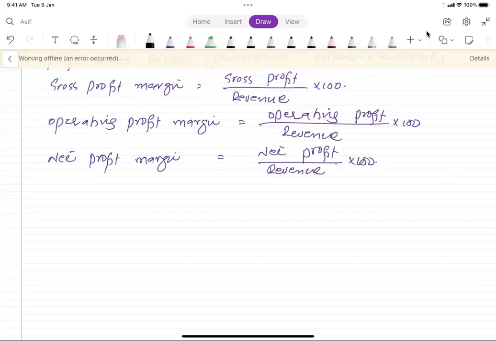The statement that I'm drawing in front of you is a comparison of 2 years: 2021 and 2022. For example, the revenue for 2021 was 500,000, that increased to 600, in thousands these figures are, minus cost of sales.